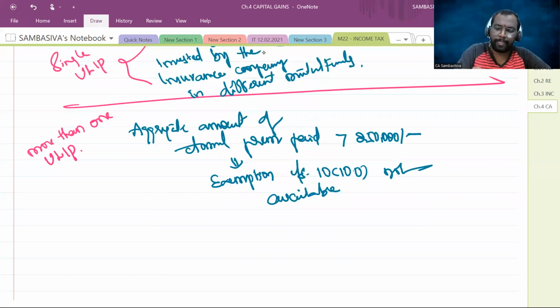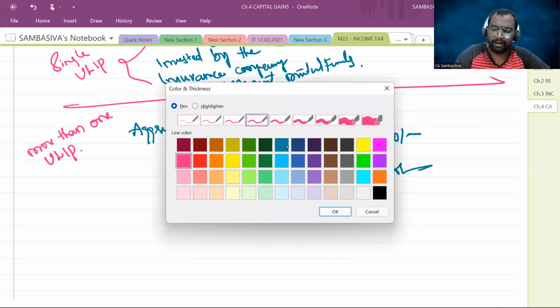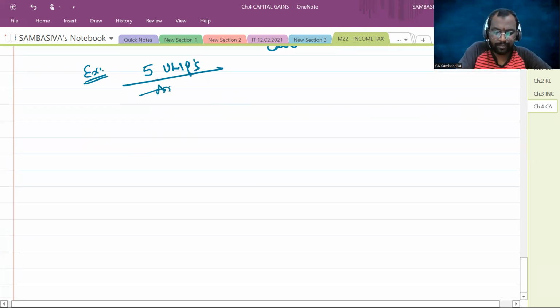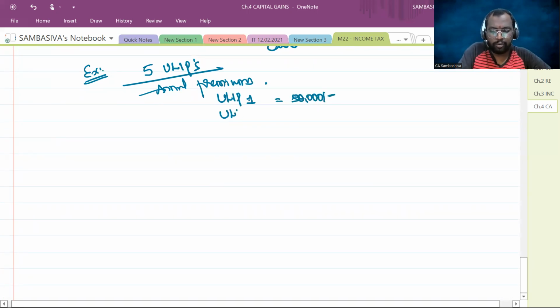Suppose that you made investments into 5 unit linked insurance policies. Example, you have taken 5 unit linked insurance policies, and the annual premiums are as follows. On ULIP 1, the annual premium is 50,000. ULIP 2, annual premium 80,000.